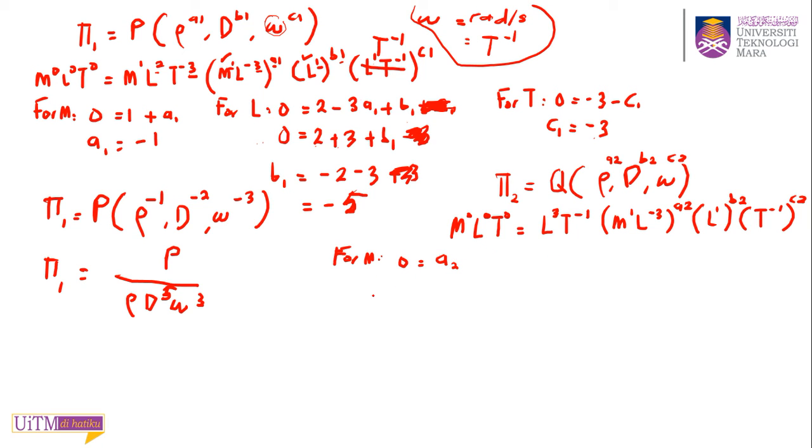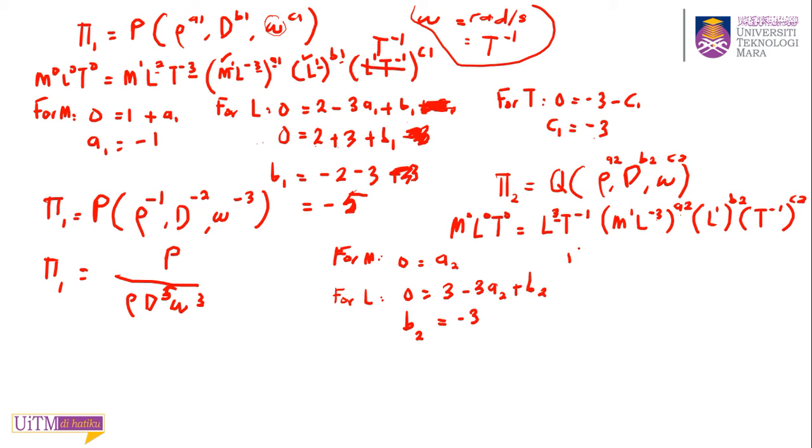And then for L, 0 equal to L3, plus minus 3 times A2, so minus 3A2 plus B2, and there is no other term. So we have A2 zero, so B2 will be minus 3.